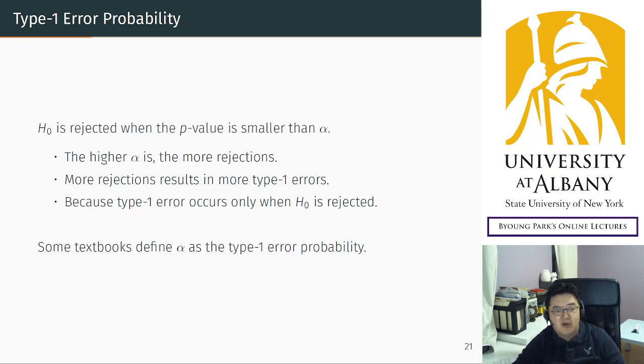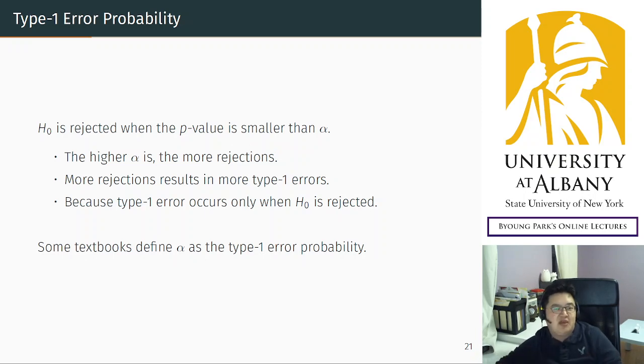And then remember, type 1 error is rejecting a correct null hypothesis. Type 1 error happens only when you reject the null hypothesis. If you do not reject the null hypothesis, then type 1 error never happens. So if you reject more, then automatically type 1 error will increase, because when you increase the number of rejections, some of the additional rejections may be rejections of a correct null hypothesis.